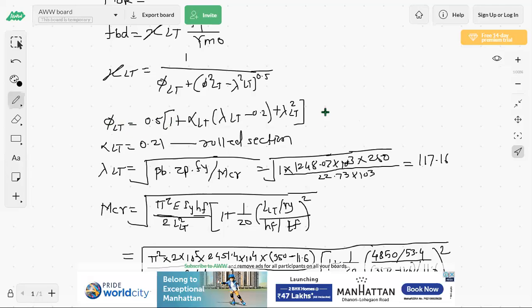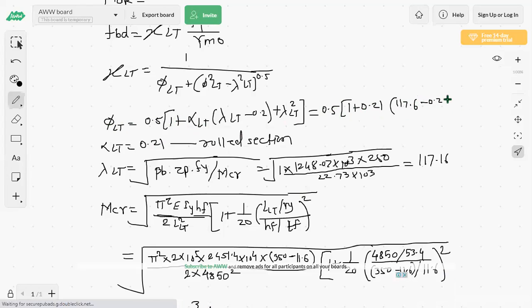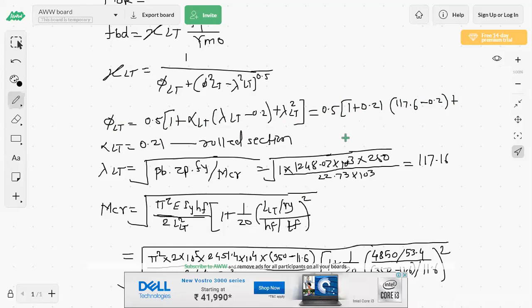See, the phi LT formula is 0.5 in bracket 1 plus this alpha LT is 0.21, then lambda LT is 117.6 minus 0.2, bracket complete, again lambda LT is 117.6 square. So tell me here phi LT.